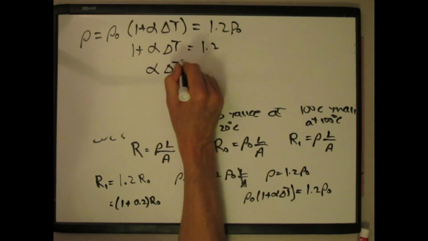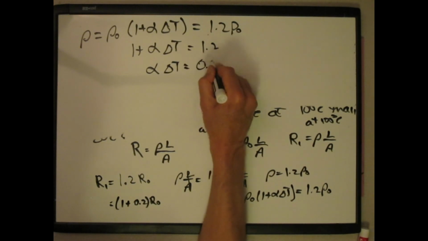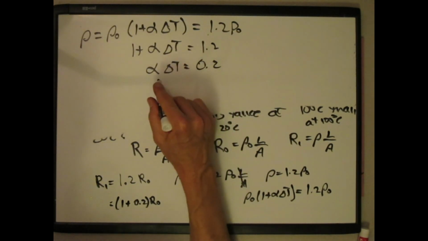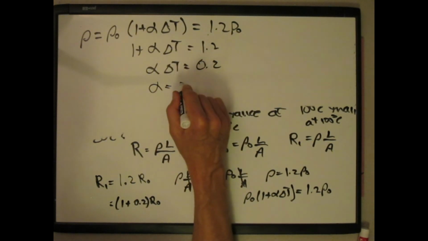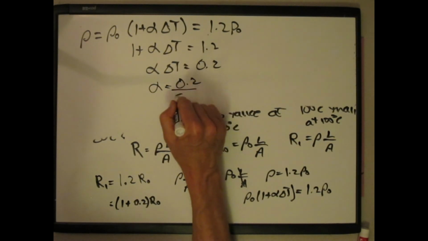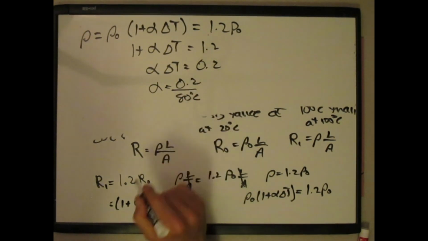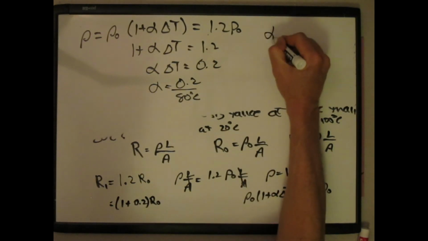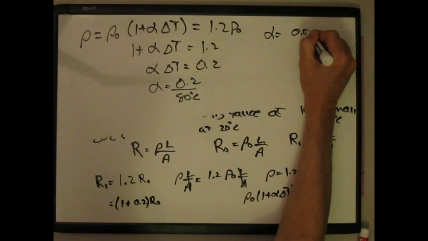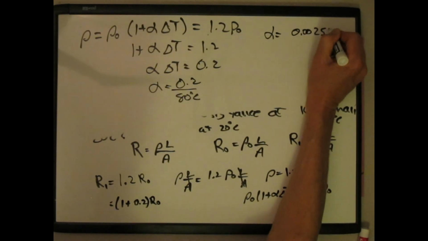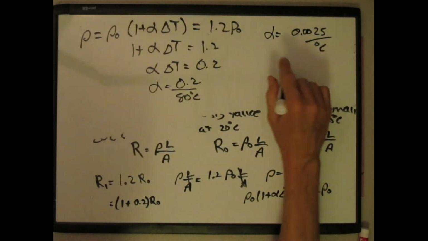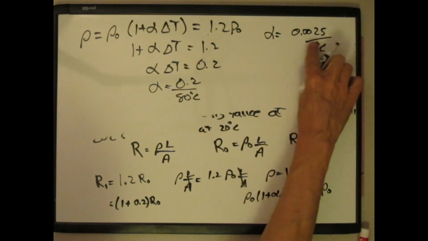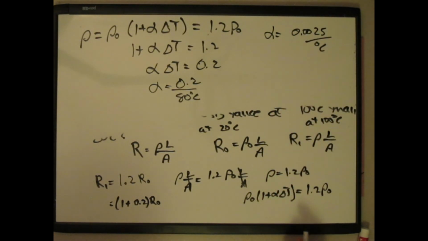Alpha delta T is equal to 0.2. I subtract 1 from both sides. Alpha is equal to 0.2 over 80 degrees C. The temperature coefficient of resistivity is 0.0025 per degree.